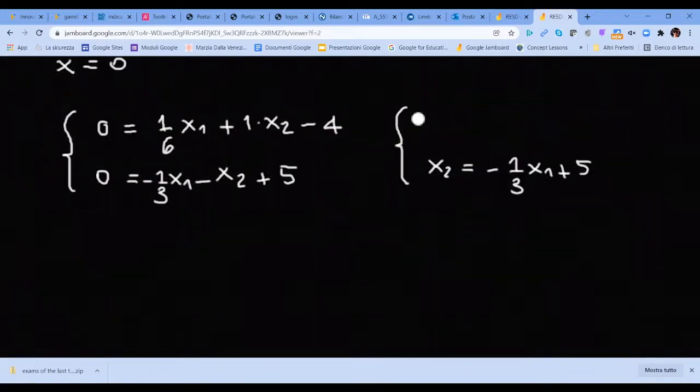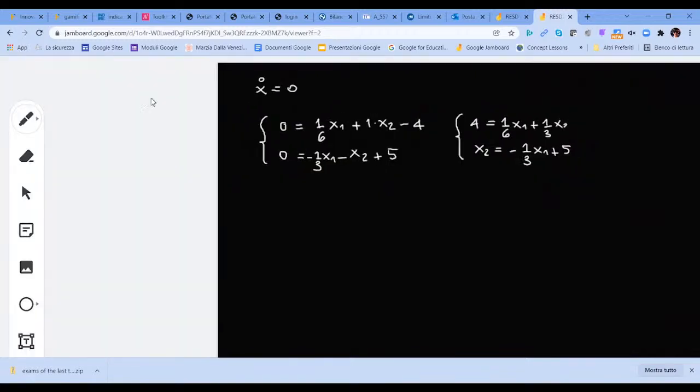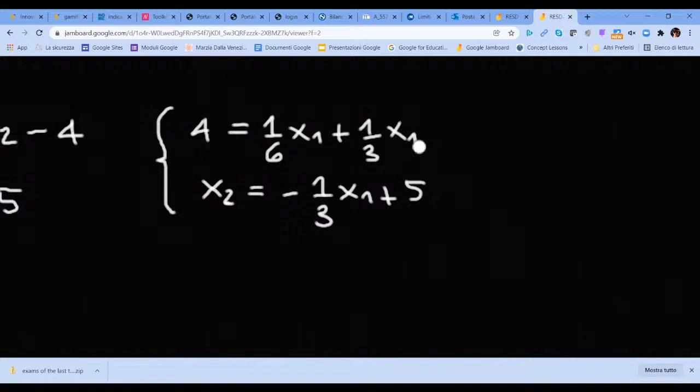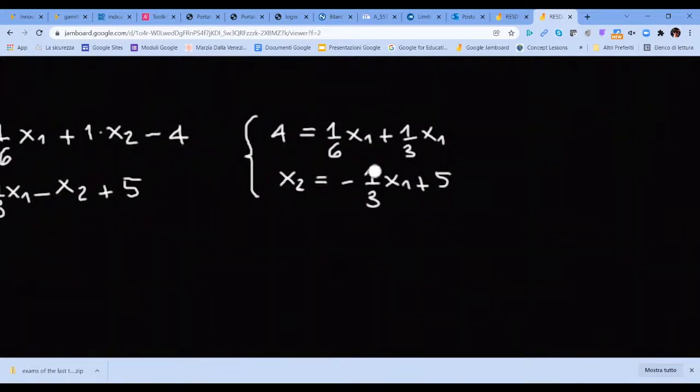And then we can substitute. We can solve this system as we want, because it is a 2x2 linear system. It is very easy. I can take 4 on the left-hand side and write 1/6 x1 plus x2, but instead of x2 we rewrite the expression that we computed before, that is minus 1/3 x1 plus 5.